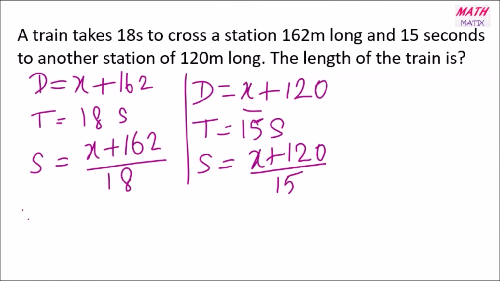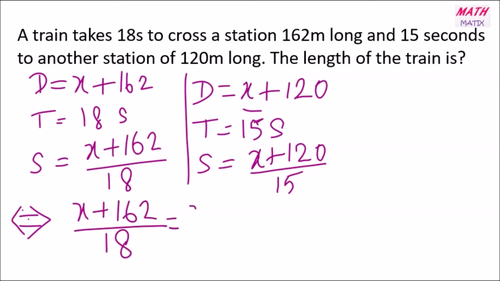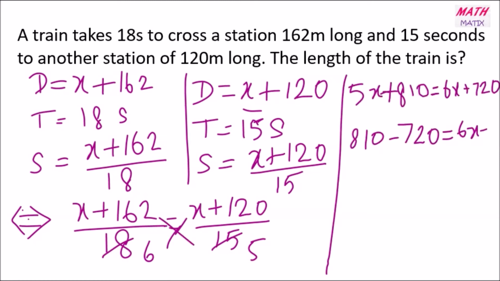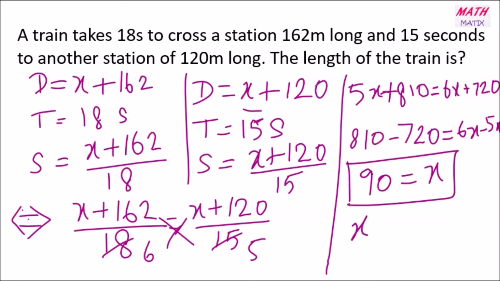Now we can write x plus 162 divided by 18 equal to x plus 120 divided by 15. Simplify this. The length of the train is 90 meters.